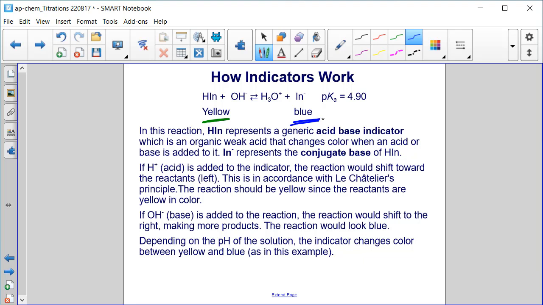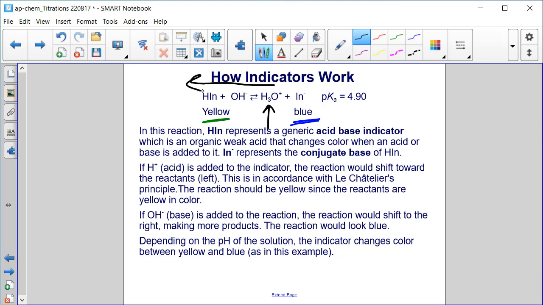If H plus acid is added to the indicator, the reaction would shift to the left in accordance with Le Chatelier's principle. So if we add acid, that would be adding this, and then we would shift to the left, right? The reaction in that case would be yellow in color, since the reactants are yellow in color.